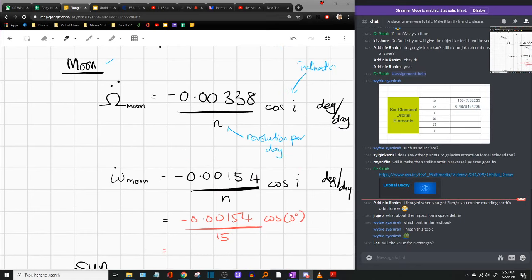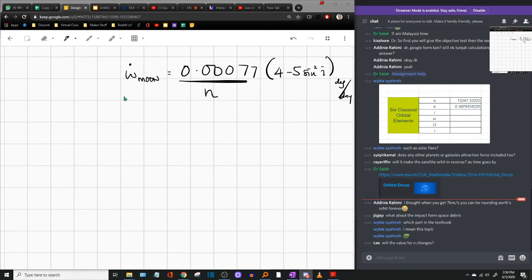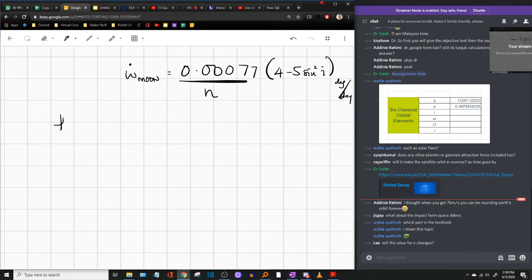These formulas can only be used when it's a near circular orbit. So if e is near 0, then you can use this. If you have a parabolic or hyperbolic orbit, this formula will not be useful at all. Even in a highly elliptic orbit, it won't be useful.